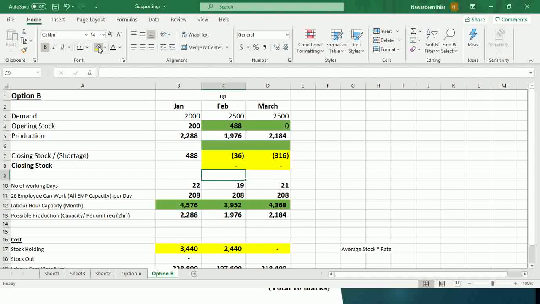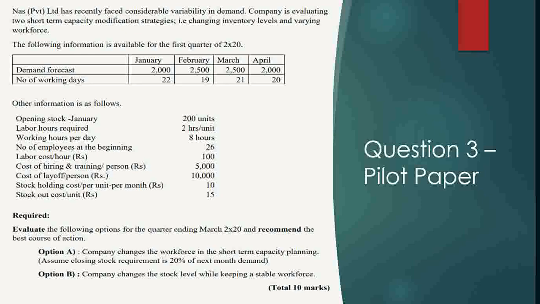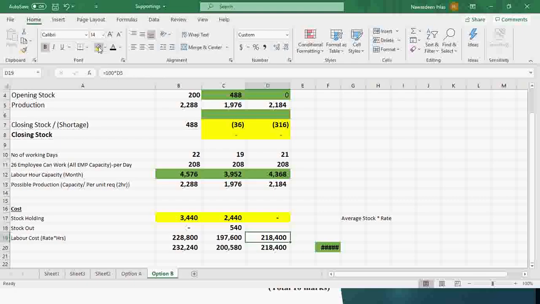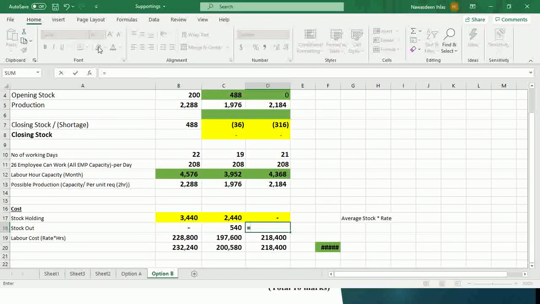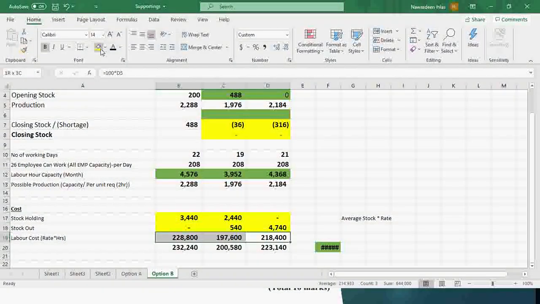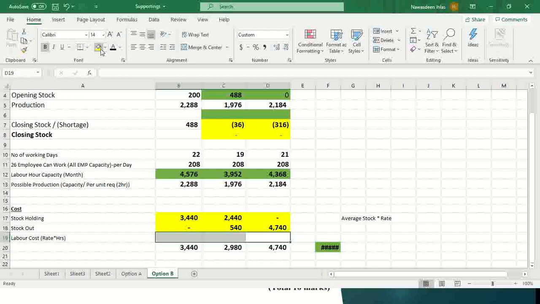So 36 into the stock out cost, which is 15 per unit. So 15 into 36. In March also there is a stock shortage, 316 into 15. So this will be the stock out cost. Clear?